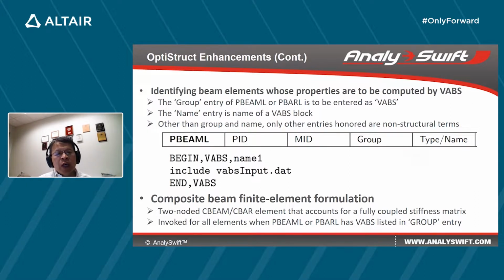And thirdly, OptiStruct also enhanced its composite beam formulation. Now, the CBEAM and CBAR elements can account for a fully coupled stiffness matrix, and are also invoked for all elements when PBEAML and PBARL have WEBS listed in the group entry.